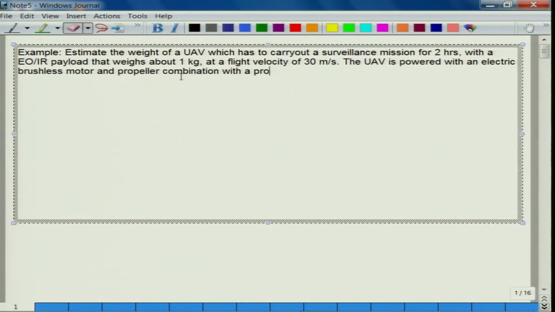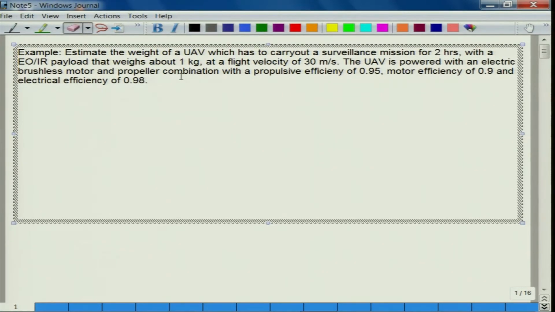Let us take a propeller efficiency of 0.92, a motor efficiency of 0.9, and an electrical efficiency of 0.98.